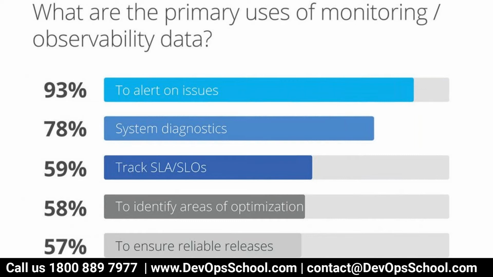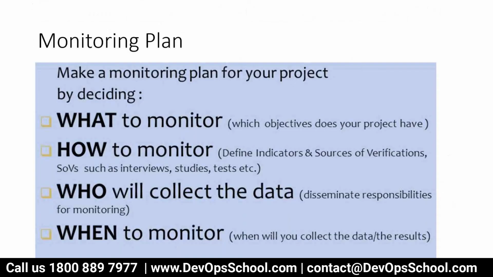We want to track SLAs and SLOs, service level agreement and service level objective, to see whether we are able to achieve the SLOs committed to the client or not. And also we want to identify areas of optimization and ensure reliable releases. So these are the primary reasons why we do monitoring.